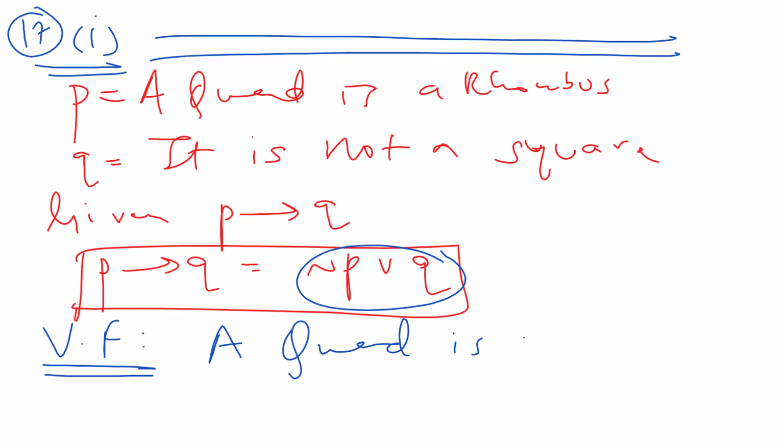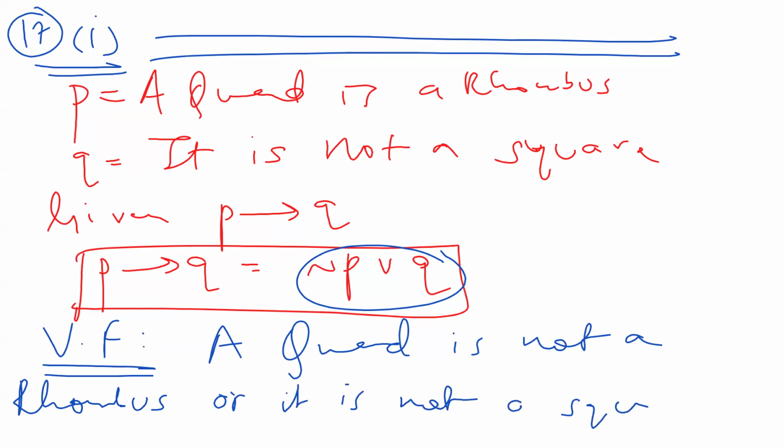The quadrilateral is not a rhombus or it is not a square.